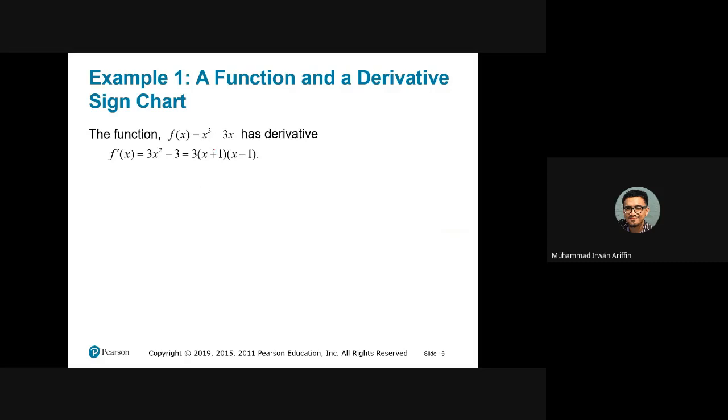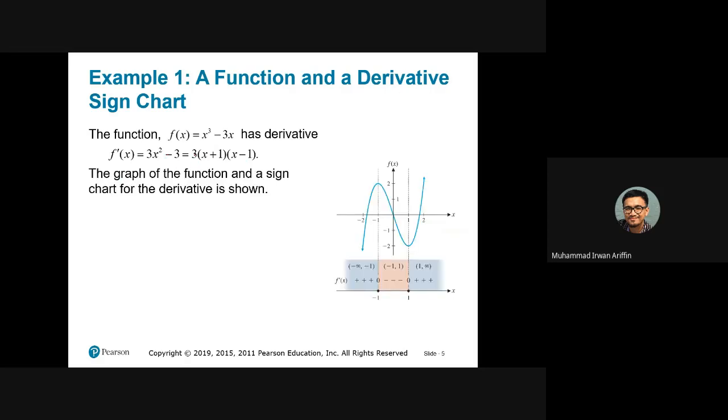So we have this function. So what is the derivative? The derivative of this function, x to the power of 3 minus 3x, will be 3x squared minus 3. Okay, and we can factorize this further. So we have x plus 1 and x minus 1, multiplied with 3.